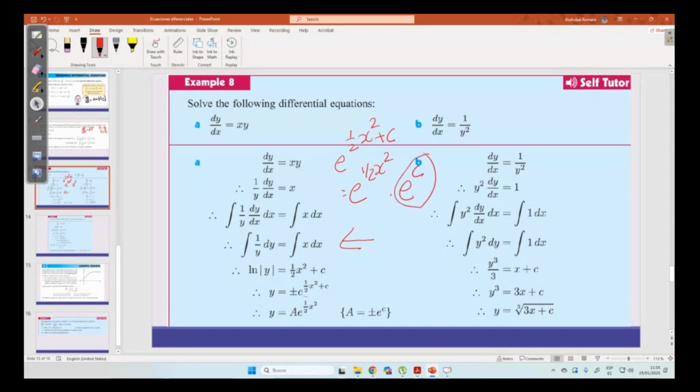That is a constant. Yes. e^c multiplied by plus or minus, I can say is another constant. And then I get to this solution.